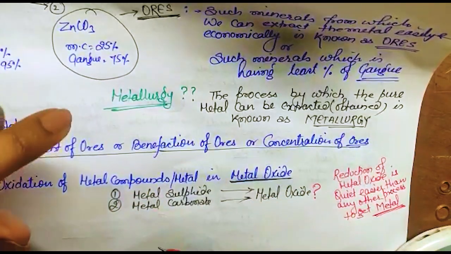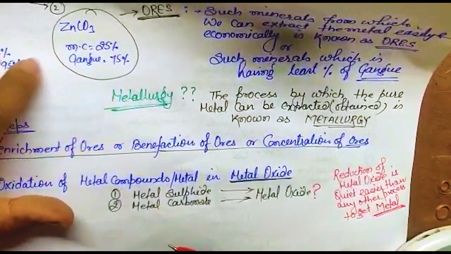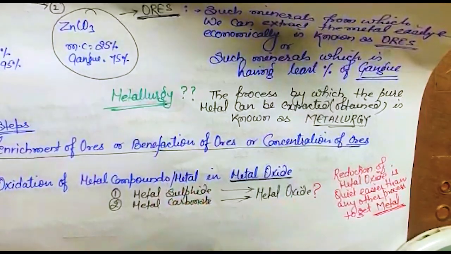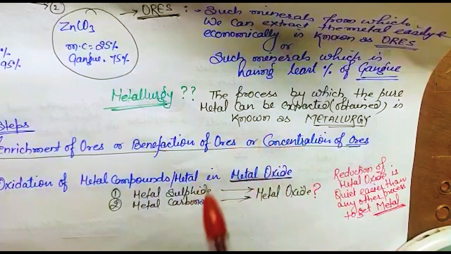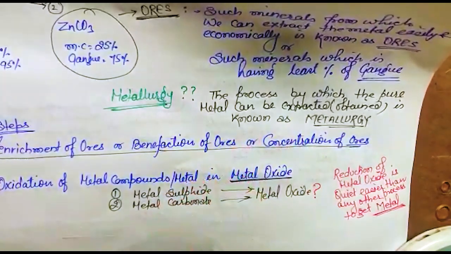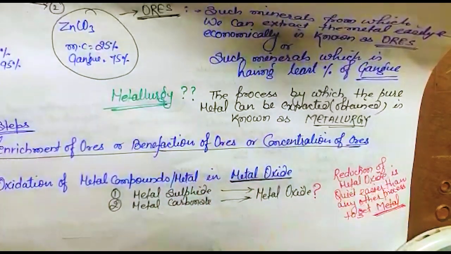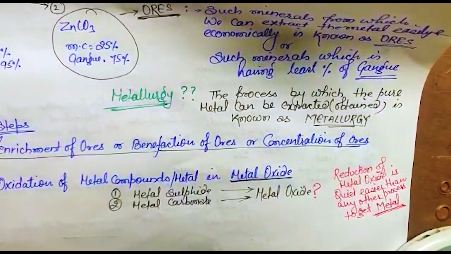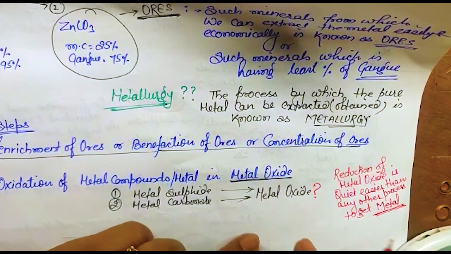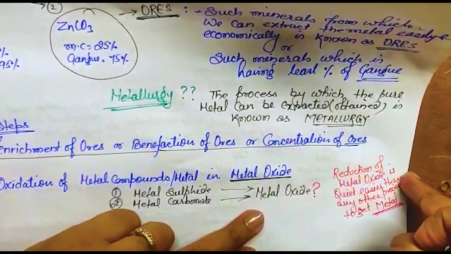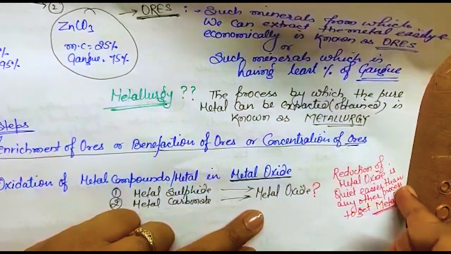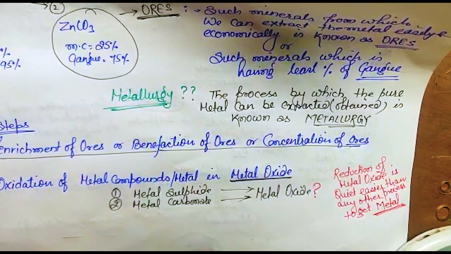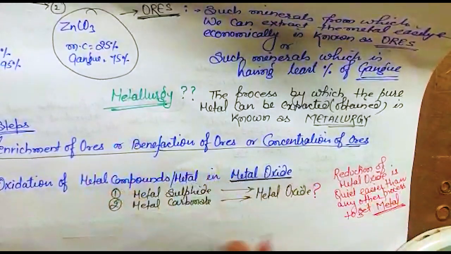So when we go for the metallurgical steps, we are supposed to convert the metal sulfide and carbonate both into metal oxide, whatever the ore is. The reason is that reduction of the metal oxide is quite easier than any other process to get the metal. In reduction, oxygen will go out and we will get the metal. That is a very easy process, so that's why we follow this.